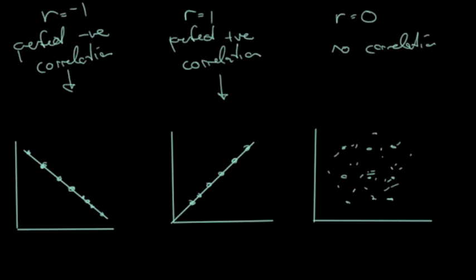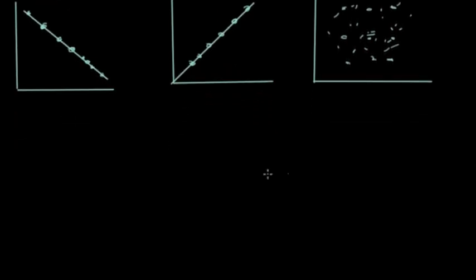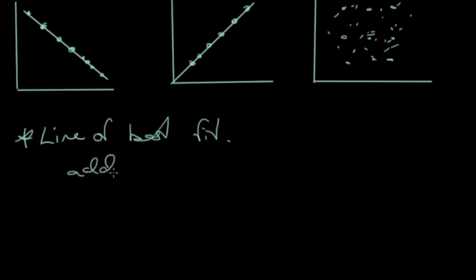I'm talking about fitting a line, and I need to link that back to the concept of line of best fit, right? A line of best fit is just something we add by sight to a scatter graph.